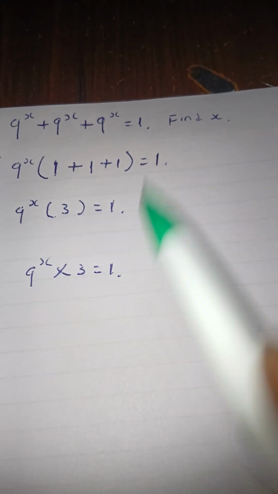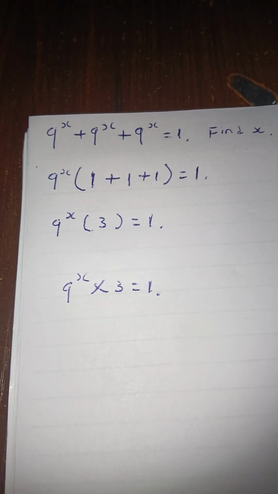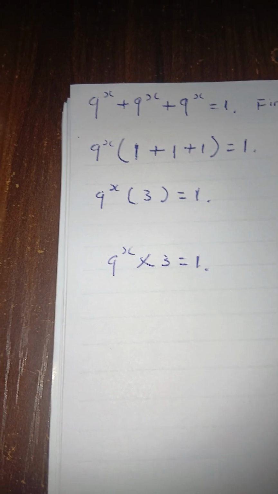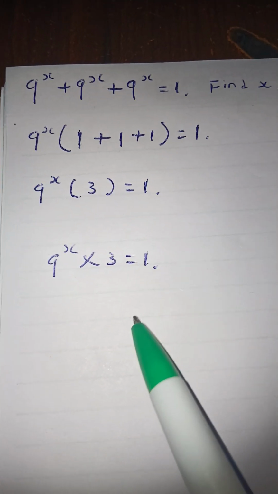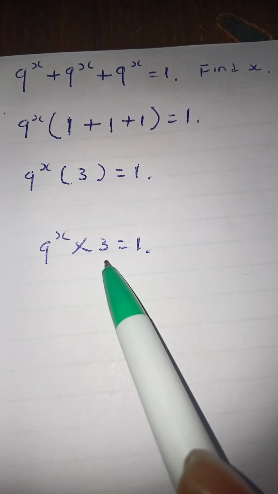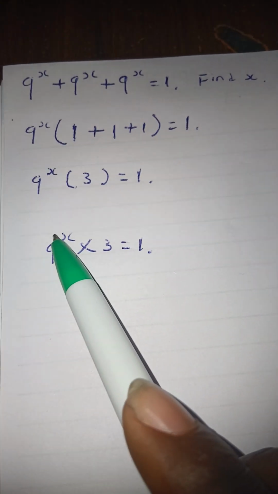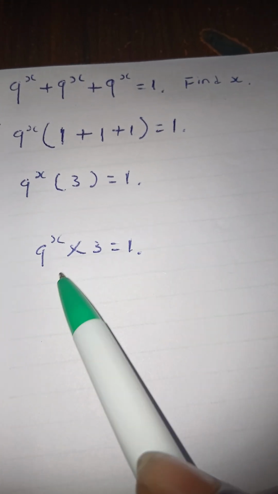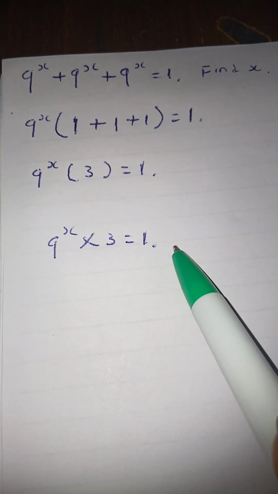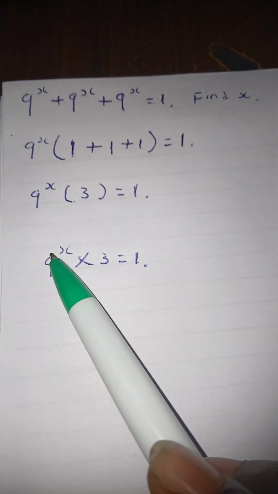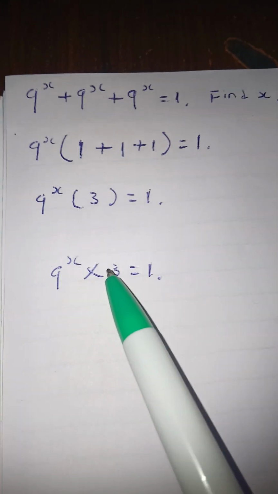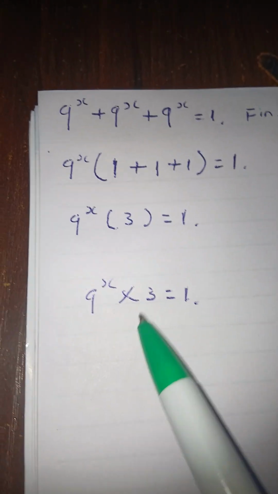Now moving further, we have to find x. So we'll try as much as possible to make x the subject of the formula. Anything that is with x, we try to erase it. Here in the left-hand side, this 3 is attached to 9 to the power of x. To eliminate it, I'll multiply both sides, because in mathematics, whatever you do to the left-hand side you do to the right-hand side, by the reciprocal of 3, that is 1 over 3.